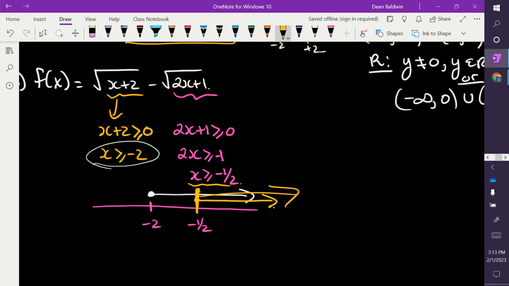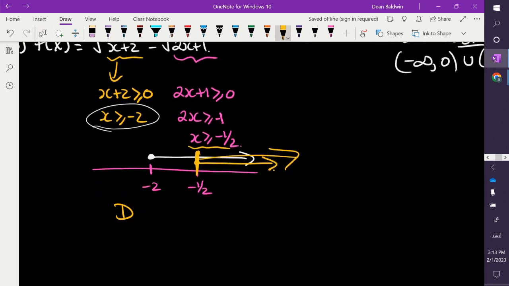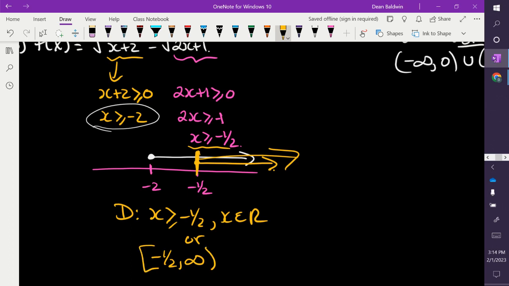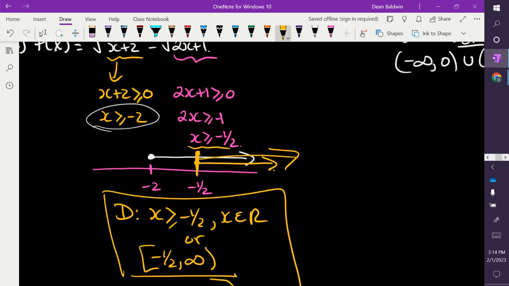That determines your domain. So then the domain would be x is greater than or equal to -1/2. Technically, x element of R. But if you did it in interval notation, you would say -1/2 to infinity, includes it, and you can't get to infinity. Okay?